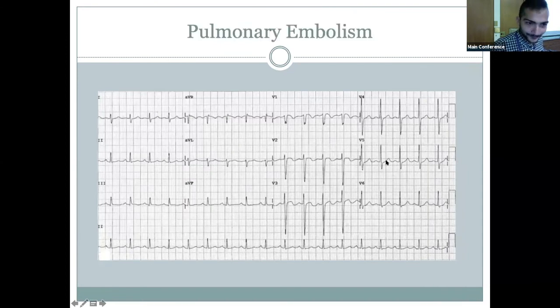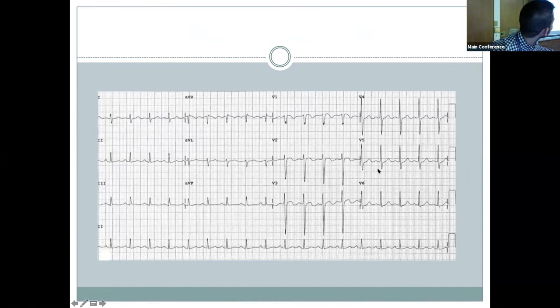All right, this next one we can go through quickly. Looking at this EKG, we again see T wave inversions in the precordial leads. I don't have any patient information here, but if it's a young female, it's similar to our persistent juvenile T wave pattern.